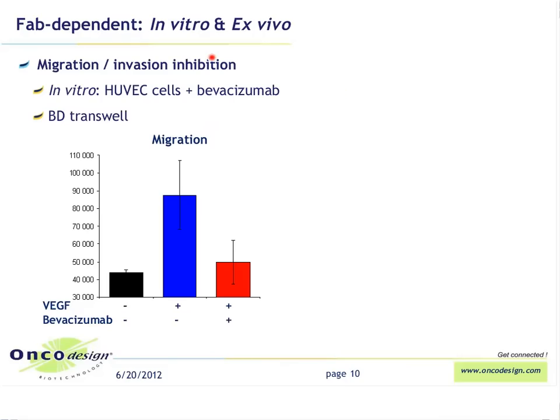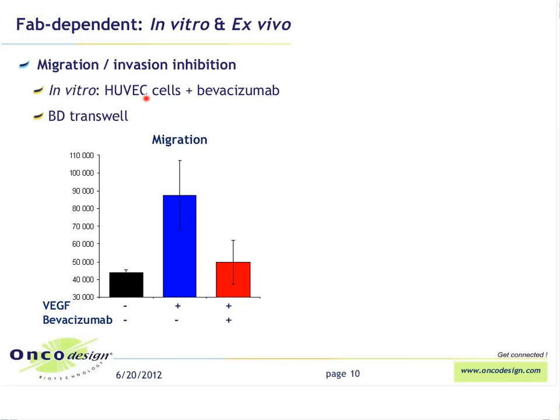The next example is based on the binding of circulant targets like VEGF, and for this we have to design another type of assay system, and this assay system will use migration or invasion of cells to analyze the decrease of migration potentials toward VEGF.